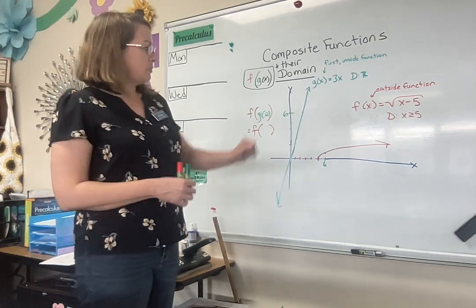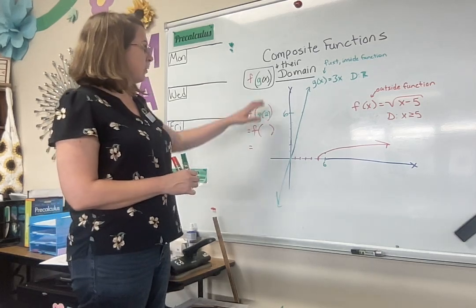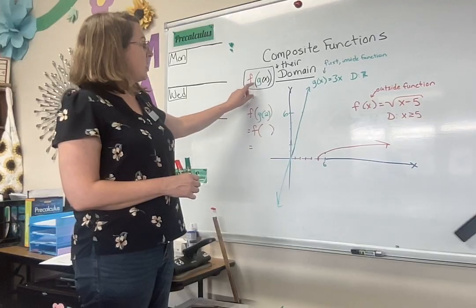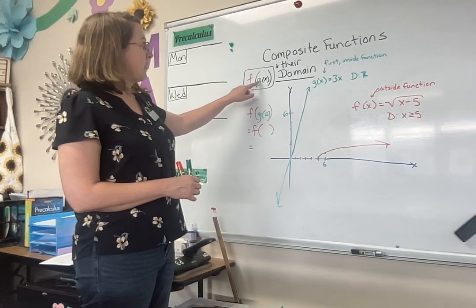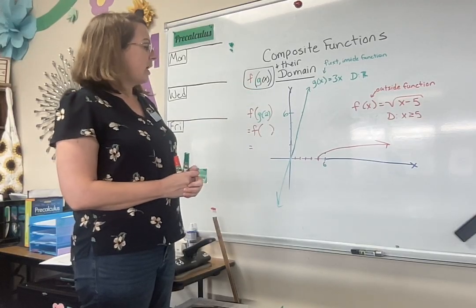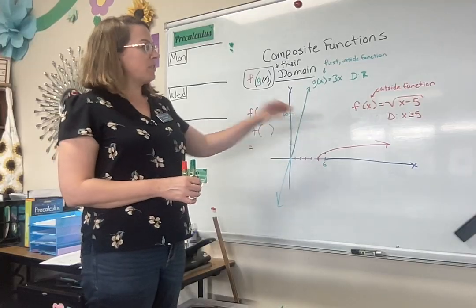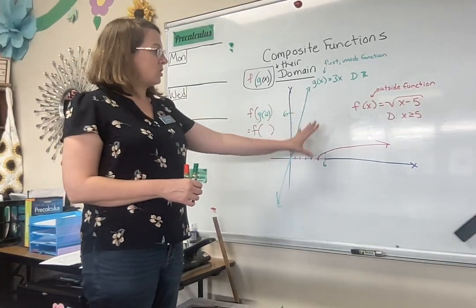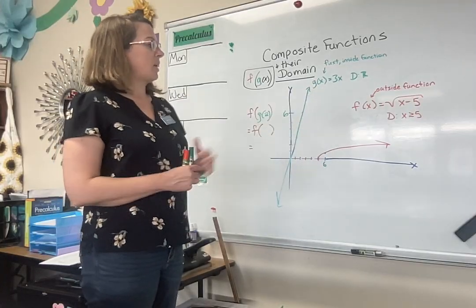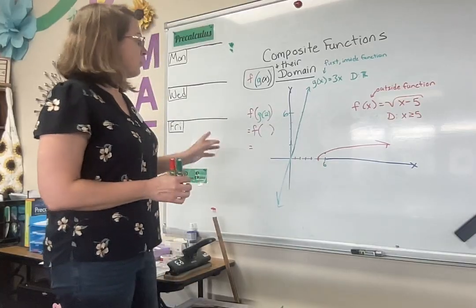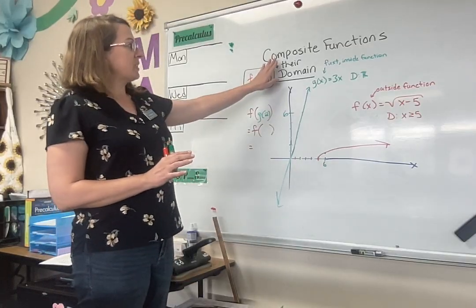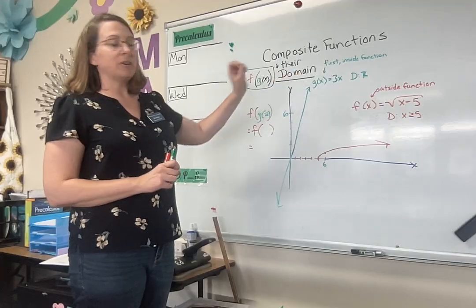So here's our two functions. We kind of understand those, and now we're going to look at what happens when we compose them. What if we want to look at what f of g of x is? Well, I'm actually going to graph the composition, but I'm going to talk about how we can use these two original graphs to figure it out. So, for example, we're specifically talking about the domain of the composite function.